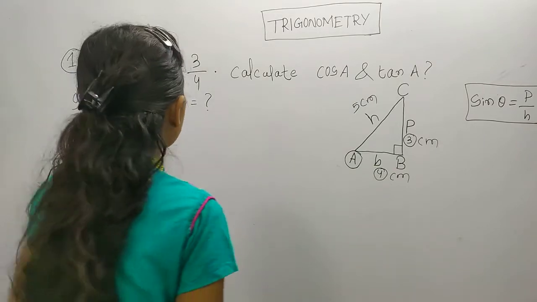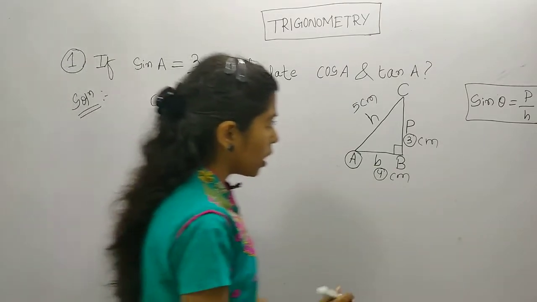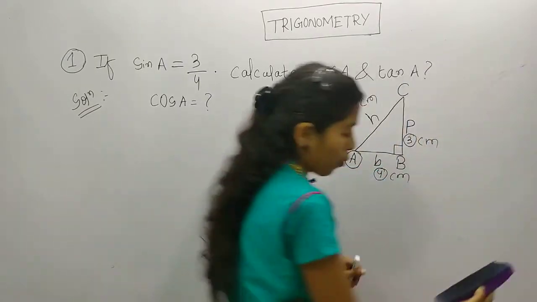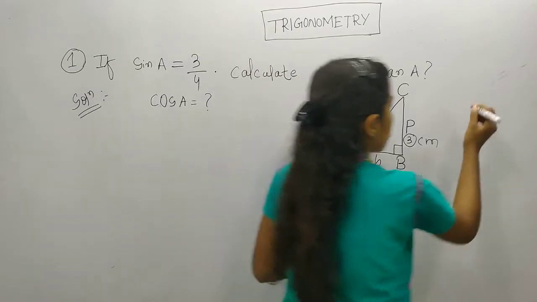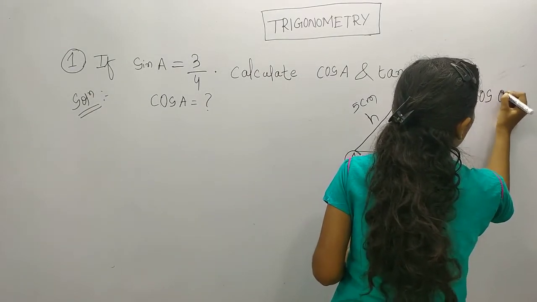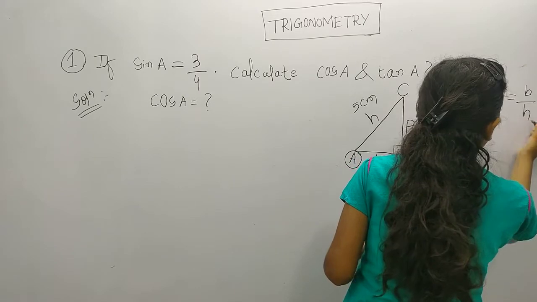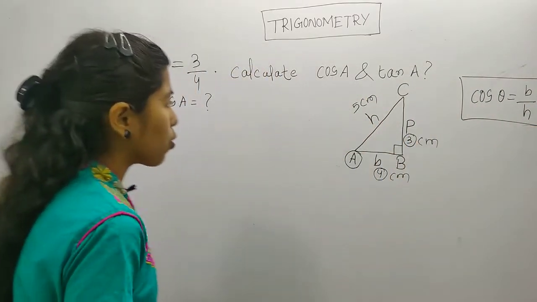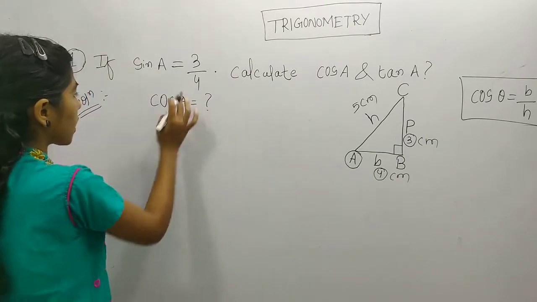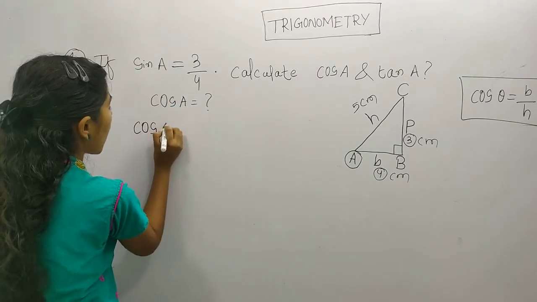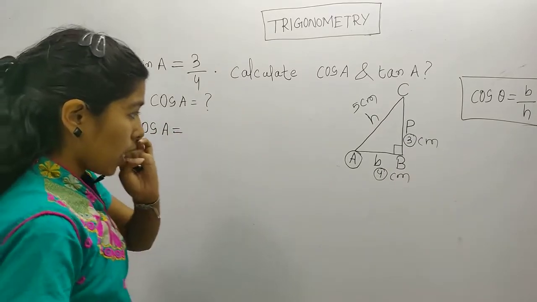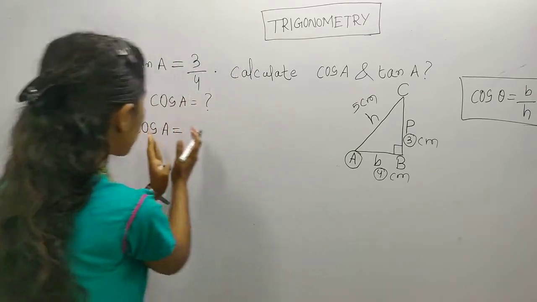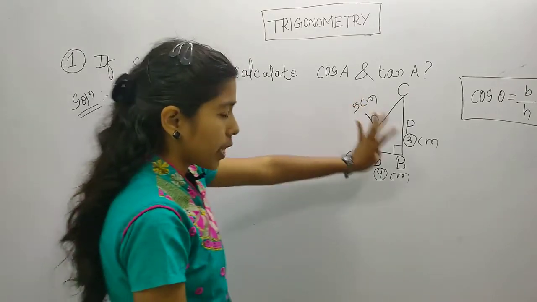We have to find cos A. Here we need the cos theta formula: cos theta equals B by H. We already know that. So for angle A, cos A equals B by H. The angle is the same, so everything will be the same.